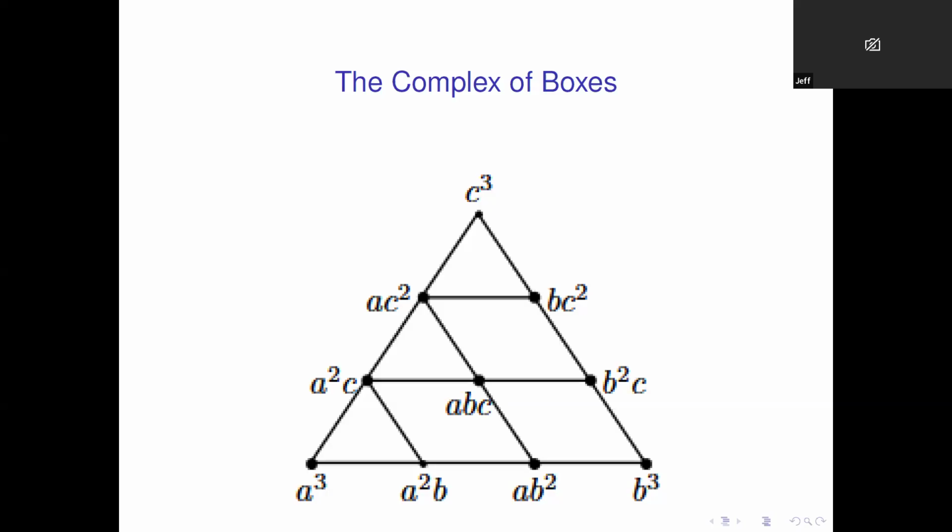The thing on the bottom right is gamma of B squared C, which is the box AB, a horizontal line, times B times the box BC, a line that's slanting up and to the left. The thing on the very top, the triangle, is gamma of C cubed. So you've got the box ABC times C times C. And you can do likewise for all of these things to figure out which box they are.